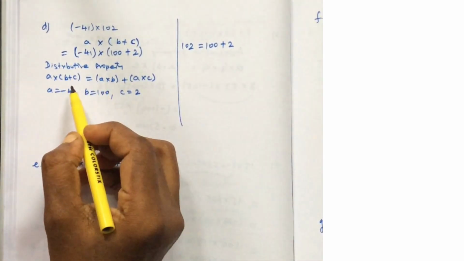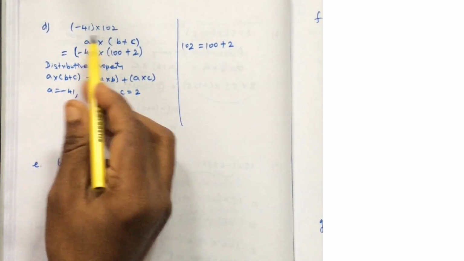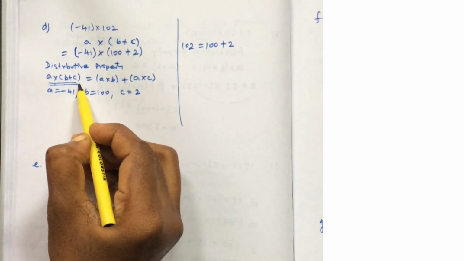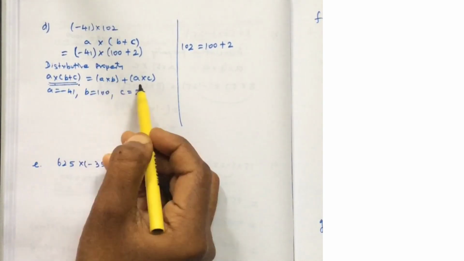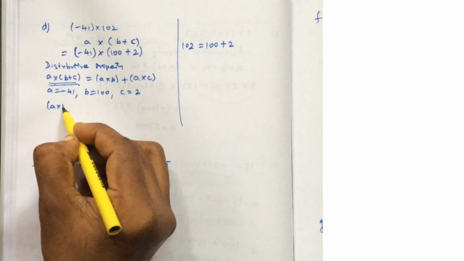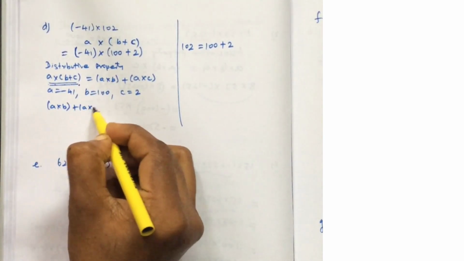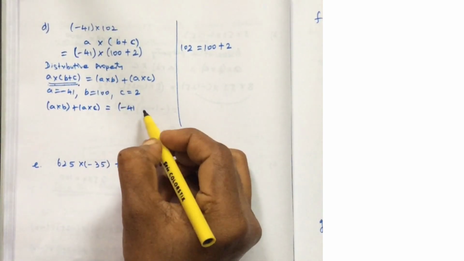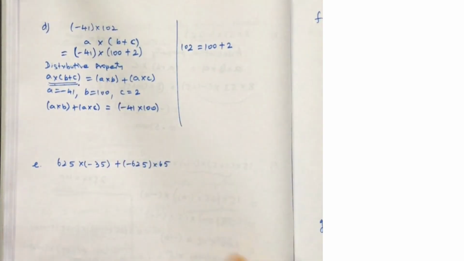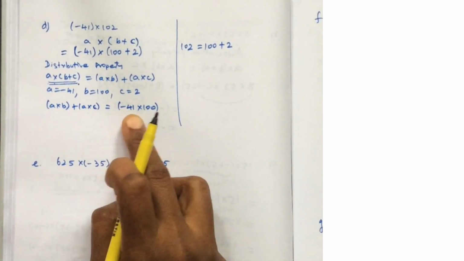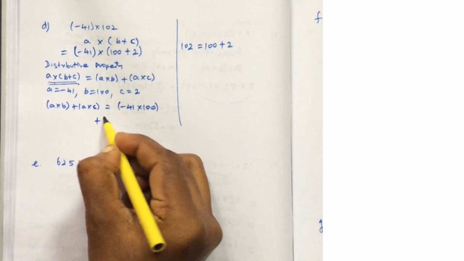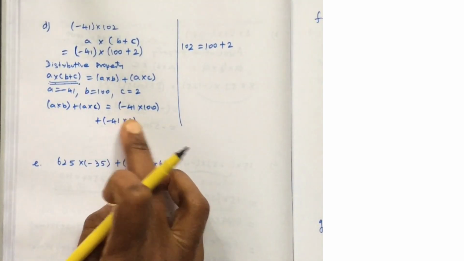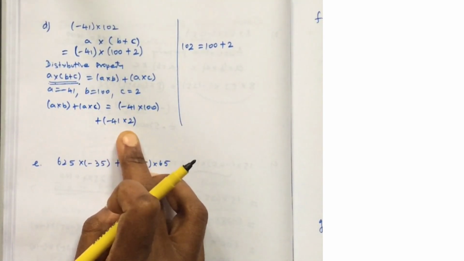Now in the question, I have changed to this format, a into b plus c. Now I have to change to this format and I have to solve. So a into b plus a into c, that is equal to, what is a? Minus 41 multiplied by 100, that is a multiplied by b, plus a multiplied by c.